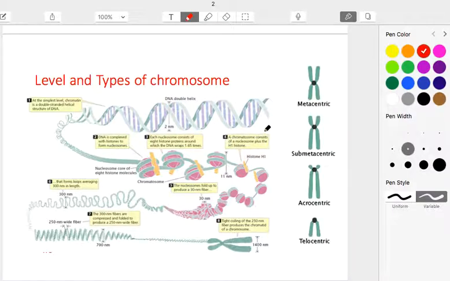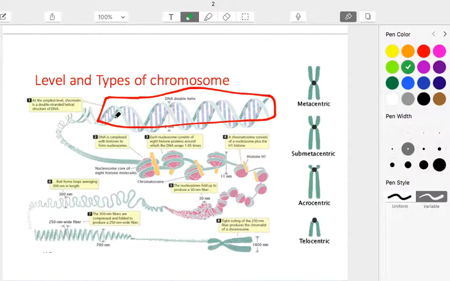Before we move on to how chromosomes are formed, this is a basic DNA structure. If you see here, this is double helix DNA, which is antiparallel, and you're going to see nitrogen bases here. The DNA gets more and more condensed, and finally it forms a very thick structure, which we call the chromosome.